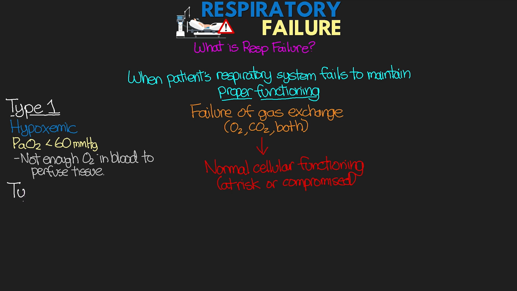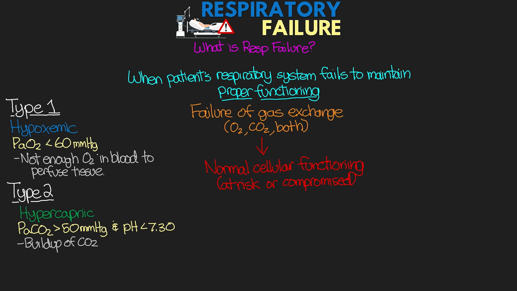Then we have what we call type 2 respiratory failure, and this is going to be our hypercapnic respiratory failure. So here we have an impairment of CO2 in the blood, and this is usually defined as a PaCO2 greater than 50 millimeters of mercury, as well as having a pH of less than 7.30. So this is a case of a buildup of CO2 and consequentially altering our patient's pH as a result.